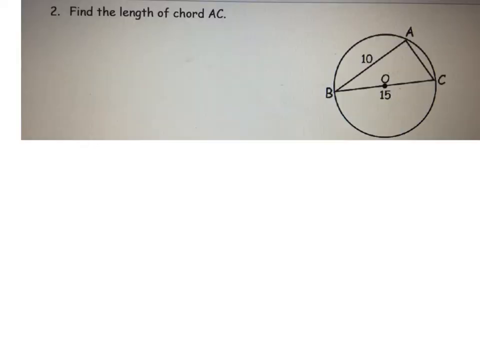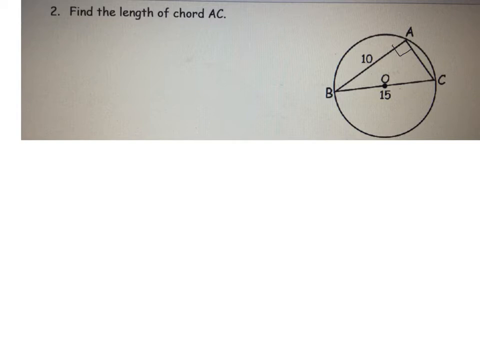So for this question, we want to find the length of chord AC. That means this line here. We again have got the diameter of a circle being used to make a triangle. So that means that this triangle is right angled and the right angle is there.